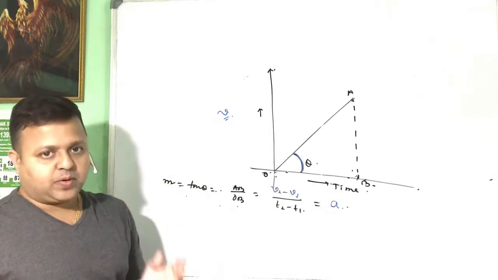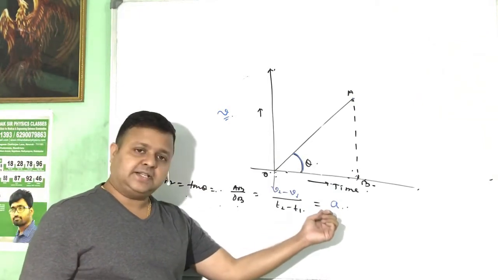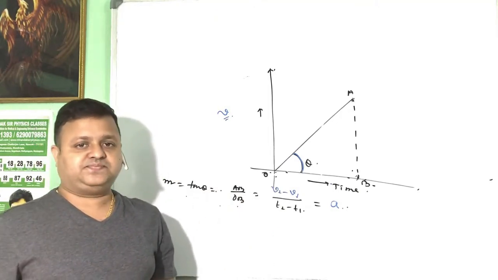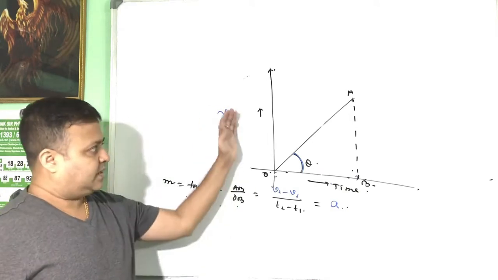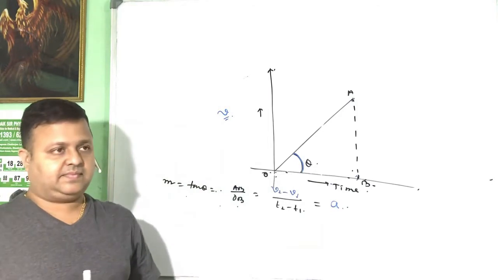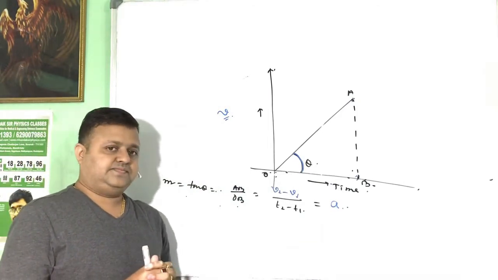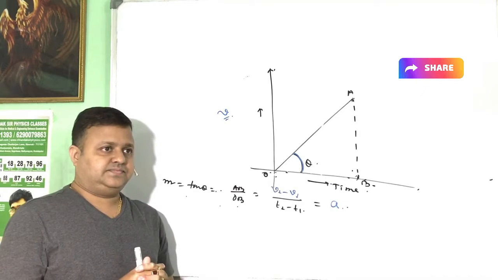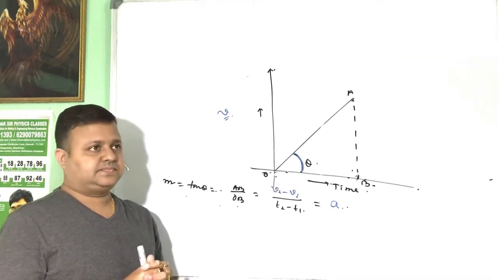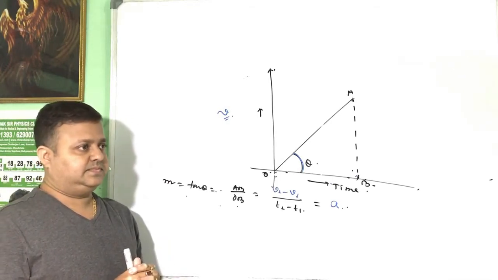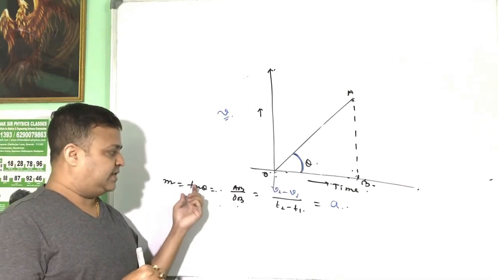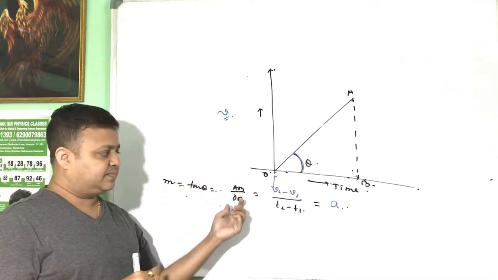That means slope of the velocity time curve gives the acceleration of the body, slope of the displacement time curve gives the velocity of the body. Okay. তাহলে একটু ড্র করে নেবে if the velocity time curve is this one, then n equal to tan theta equal to AB by OA.